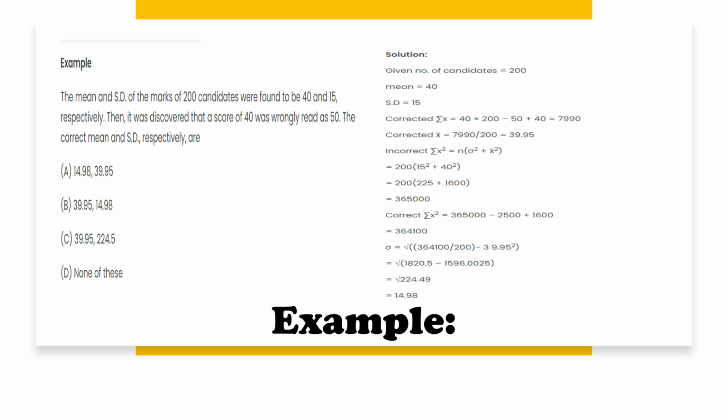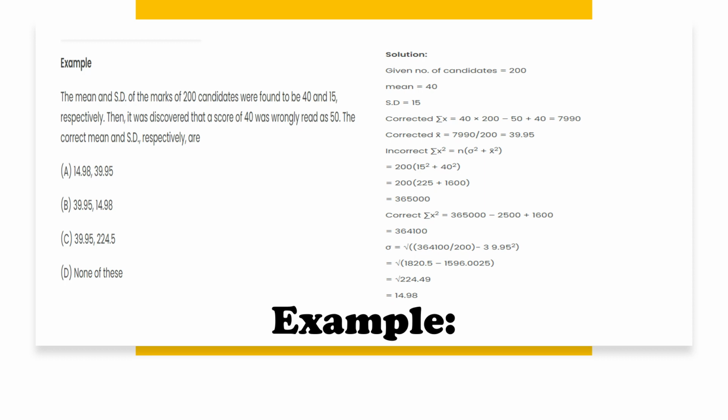Those are the choices for the result of the problem. The solution is provided. Given the number of candidates, the total number of population, is 200, with a mean of 40 and a standard deviation of 15.